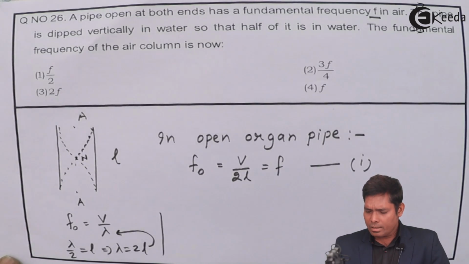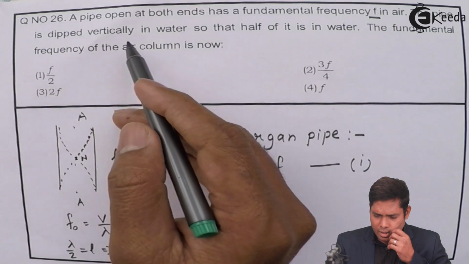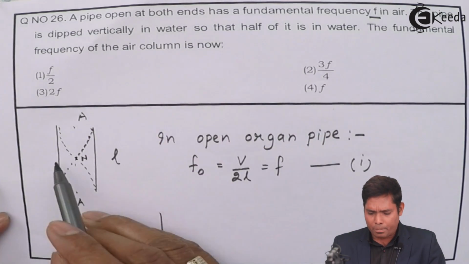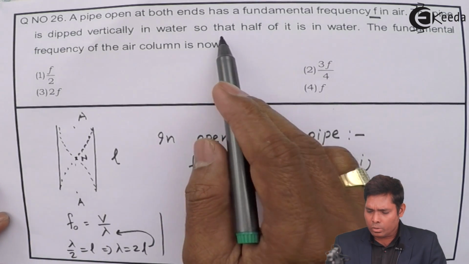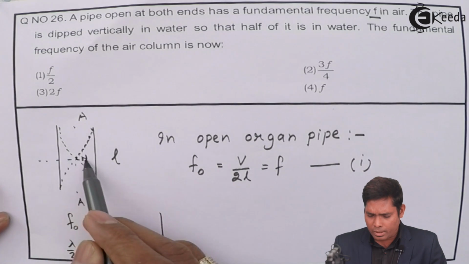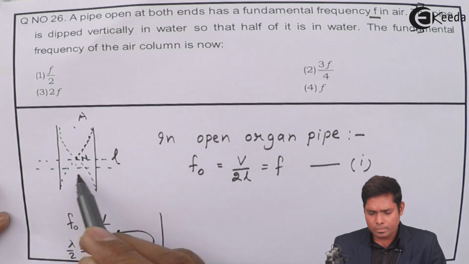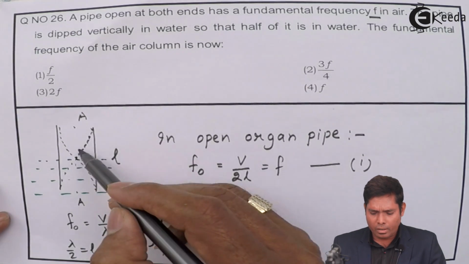The second case, the pipe is dipped vertically in water. So if I dip this in water vertically, so that half of it is in water, if I fill half the length with water, then only half the length is left.